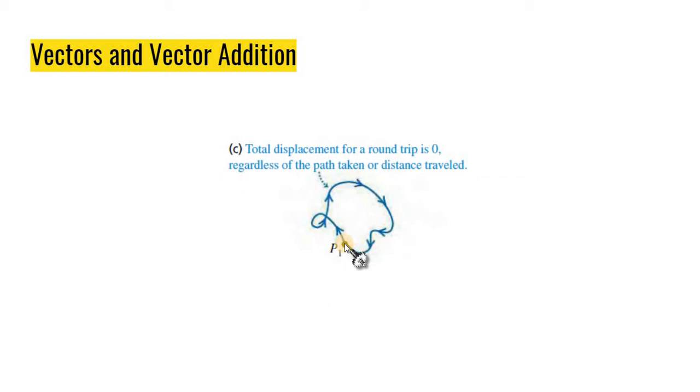Since displacement is just from its origin to the final destination, the displacement of this point is equal to 0 because there is no difference between its original position and its final position. So that is displacement.